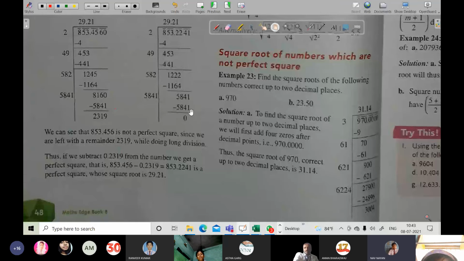Yes, a smaller number, or you can say the exact number. Of course, if it is not a perfect square number, then some remainder will be left, and that must be subtracted. If it is non-perfect, then we have to check a smaller one. In subtraction, you have to take a smaller one only. In addition, you take bigger.